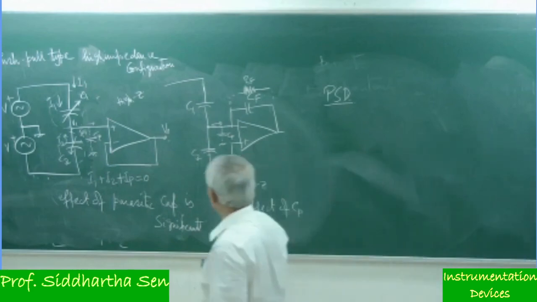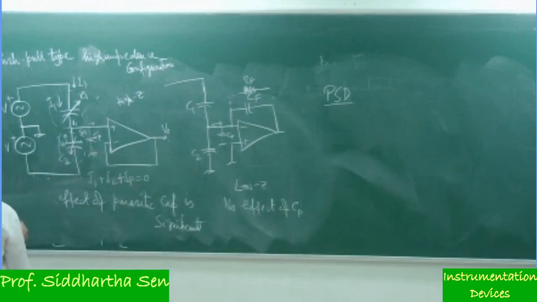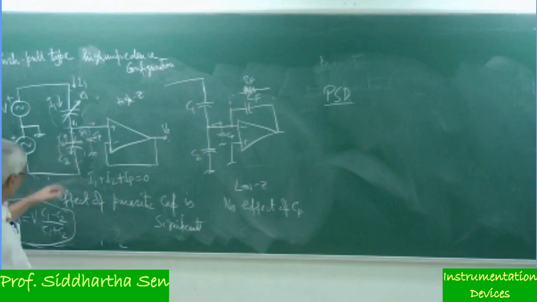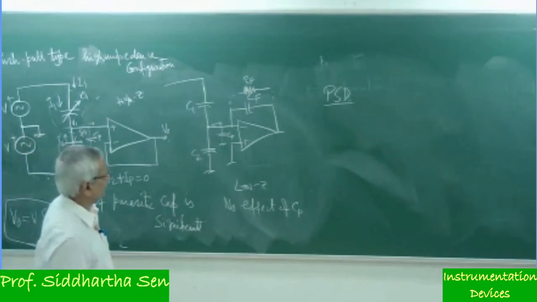What you were seeing earlier was V0 equal to V into (C1 minus C2) divided by (C1 plus C2). Obviously, if we consider the capacitance here, Cp will be coming at this point. We can check it.